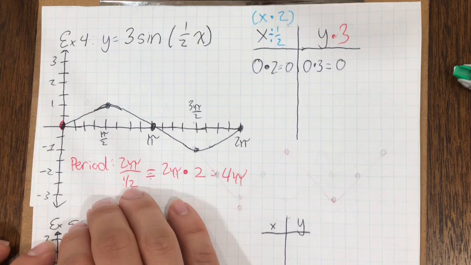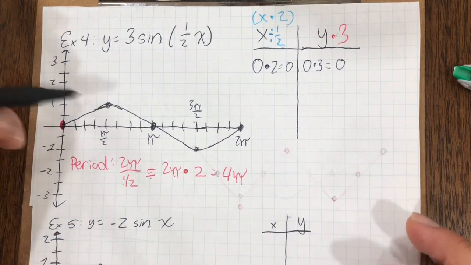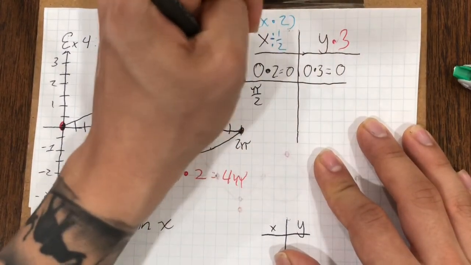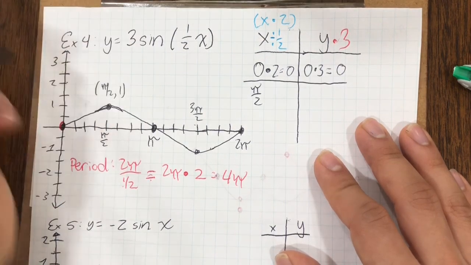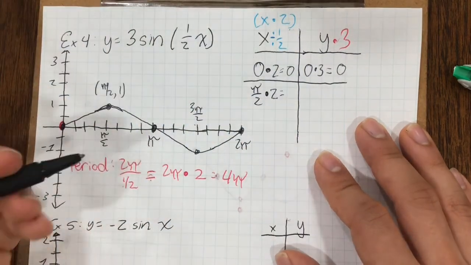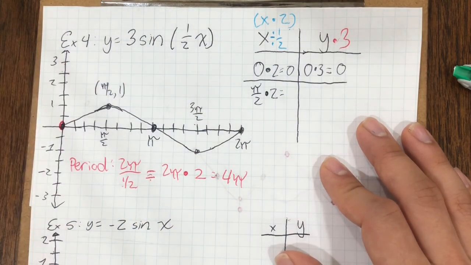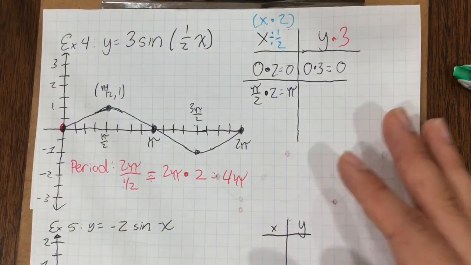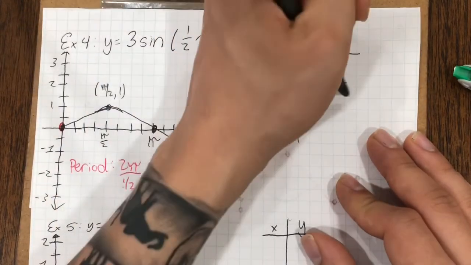All right, so then I move on to my next point, which is pi over 2, 1. So I have pi over 2, multiply that by 2. So pi over 2 times 2 becomes 2 pi over 2, and then I can simplify the 2's. That's just going to become a pi. And then I have 1 times 3, I end up with a 3.